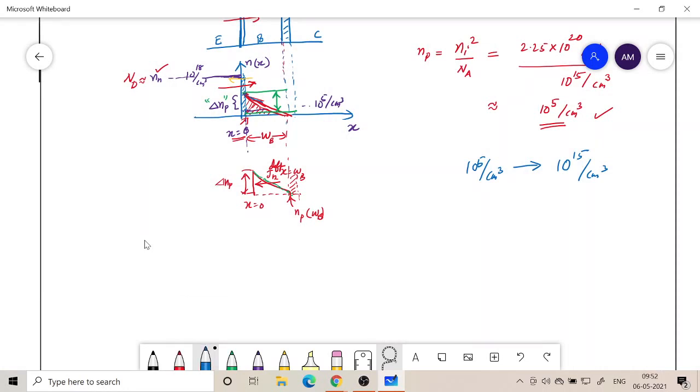So let us write down the expression for that current. Okay, so expression for electron diffusion current in base region, and that is going to be the collector current.